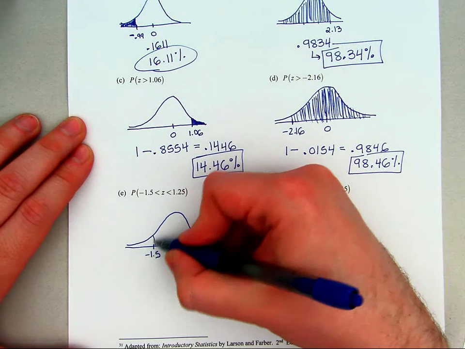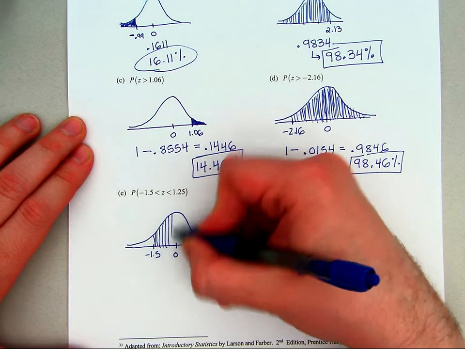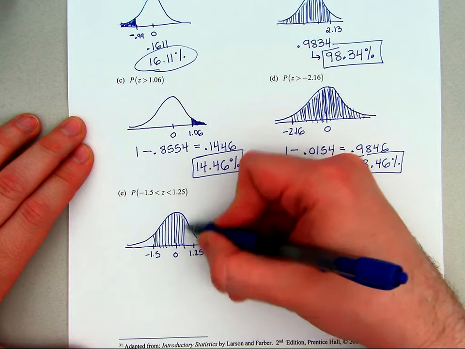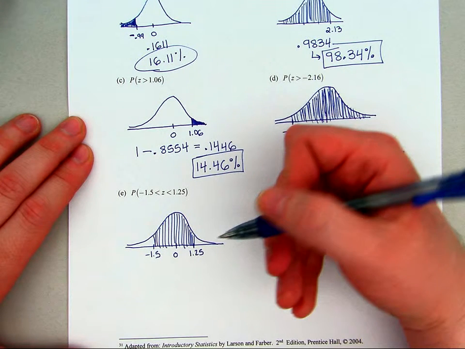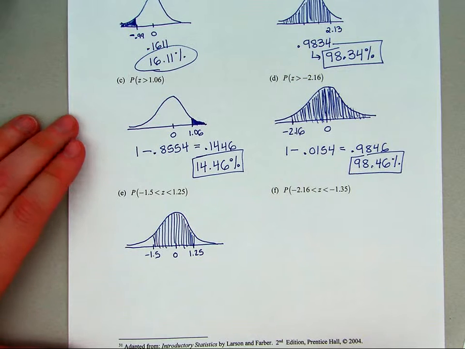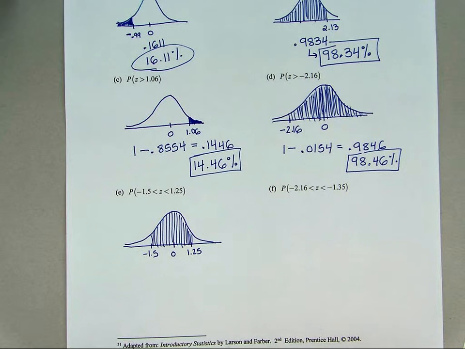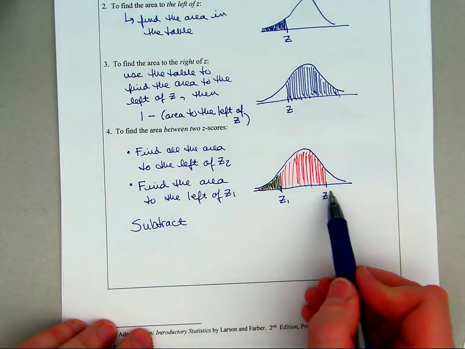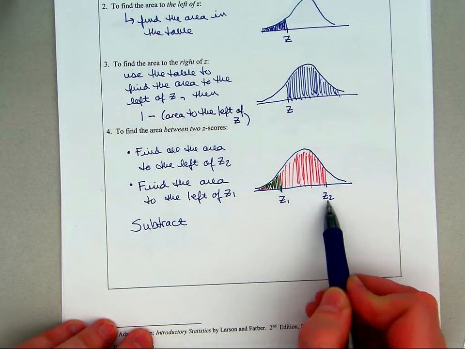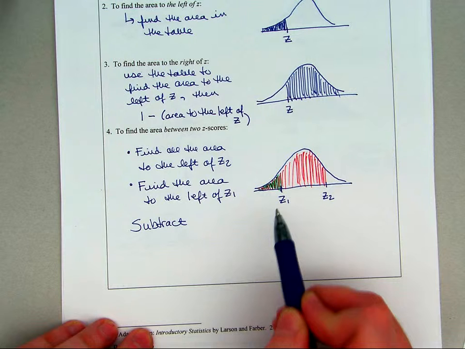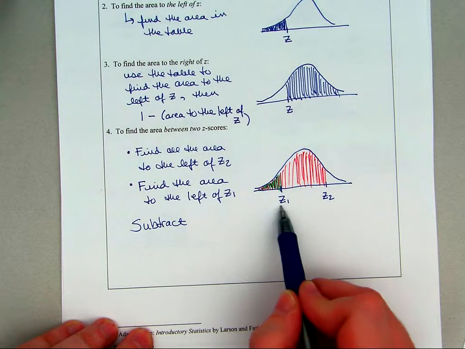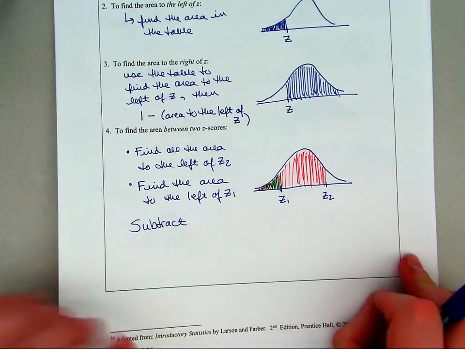I want to find the area between those. As we said on the previous page, to find the area between two values, we're going to find the area to the left of the furthest right one. We're going to find the area to the left of the furthest left one, and we'll just subtract those.